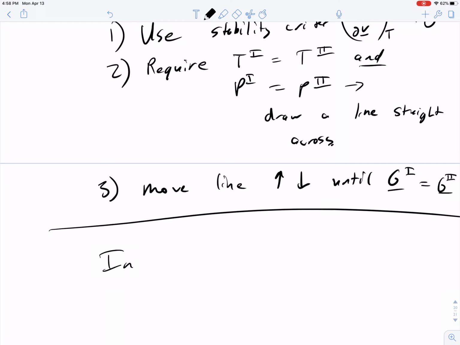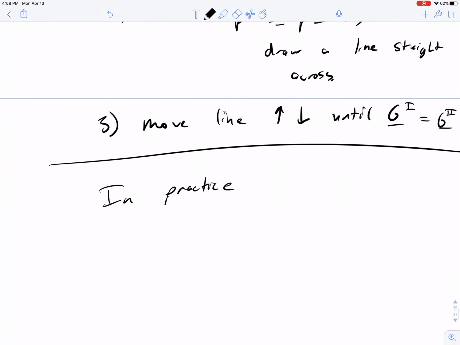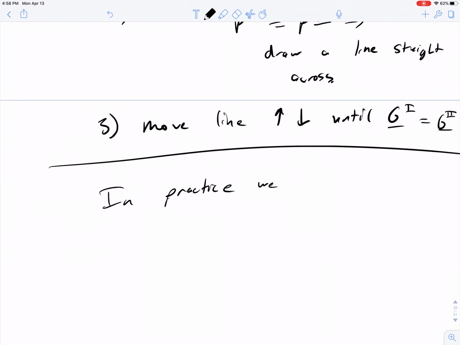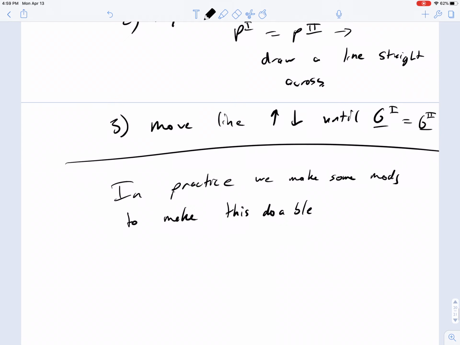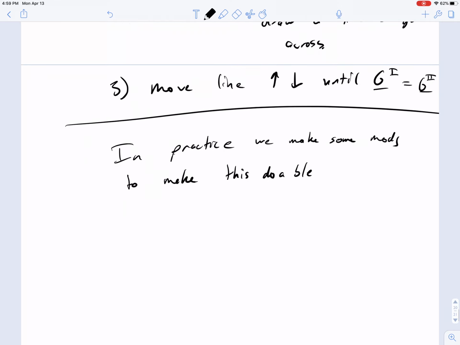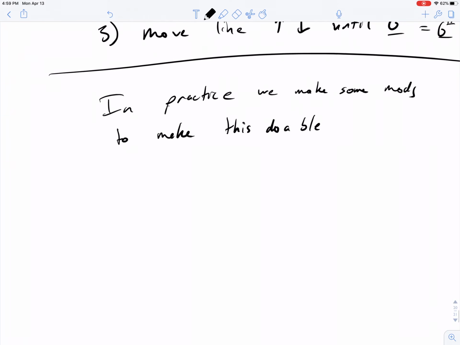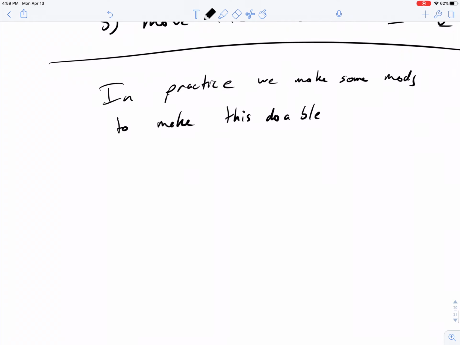In practice, we use something else entirely. In practice, we make some modifications to make this doable. And there is no way to get around it. There is no way to have a thermodynamics course that has vapor and liquid equilibrium without talking about the item that is the butt of jokes in thermodynamics.